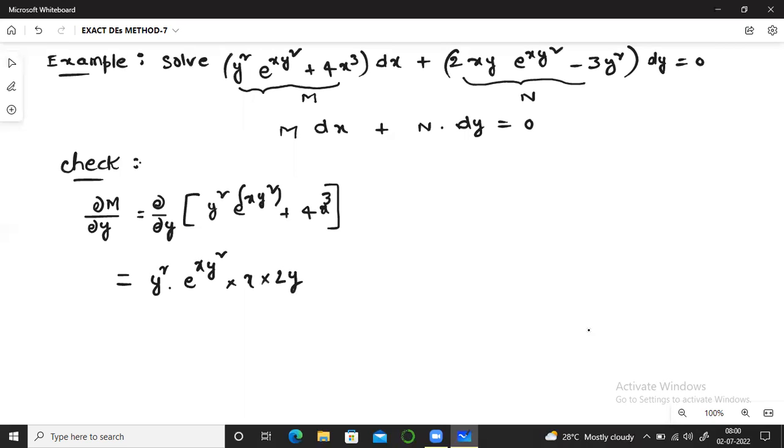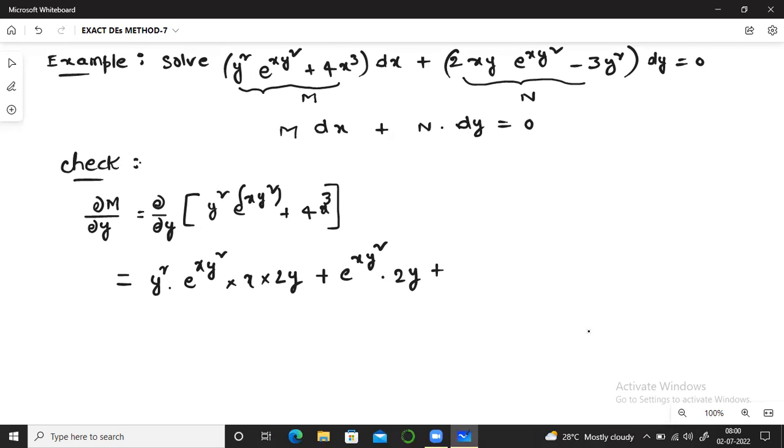This is the term, plus e^(xy²) into the differentiation of y², how much? 2y. The differentiation of 4x³: 4 is anyhow constant, and x you also have to treat as constant when differentiating with respect to y, because you are doing partial differentiation.